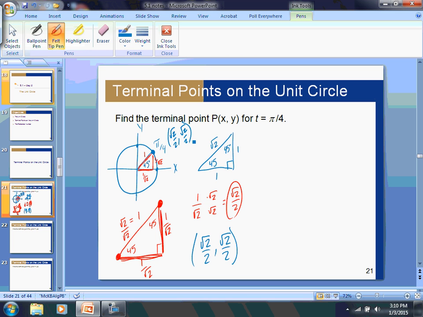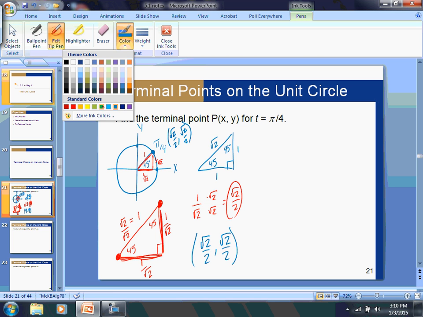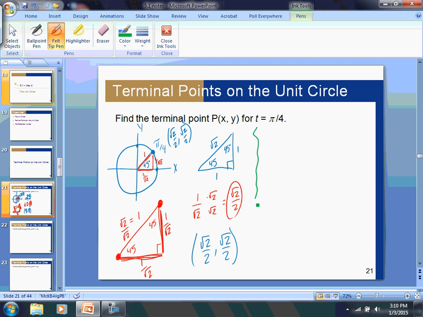Now, you can also figure this out by doing a little bit of algebra and using your equation for the circle. Okay, we've got x squared plus y squared equals 1. Now, we know that 45 degrees is halfway between 0 and 90.